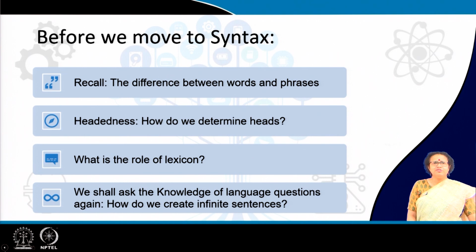So, what is the role of lexicon is also a question which will help us to understand certain ideas in syntax. So, I will ask you to remember how lexicon is basically putting a lot of things together in the form of a repository inside our head, and we shall be asking the knowledge of language questions again.